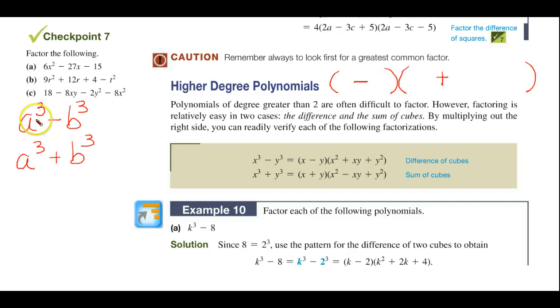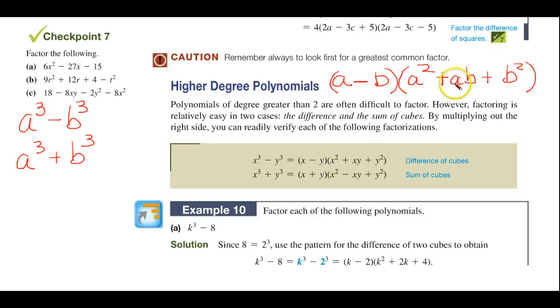Now what you do is you take the cube root of this first term and put it there, and the cube root of this term and put it there. Now you square this term, multiply these two together, disregarding the sign because you already have the sign. This is going to be AB. And then you square this term.